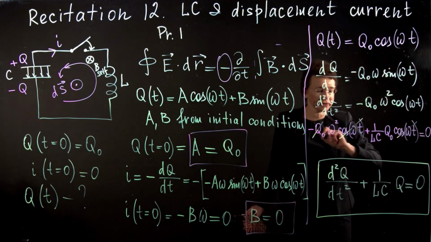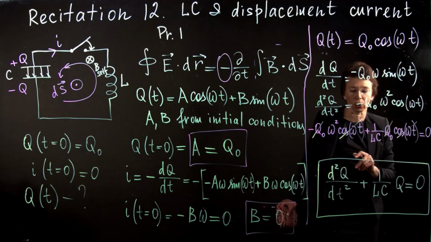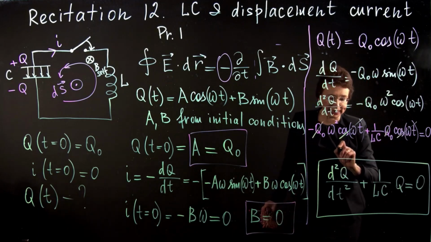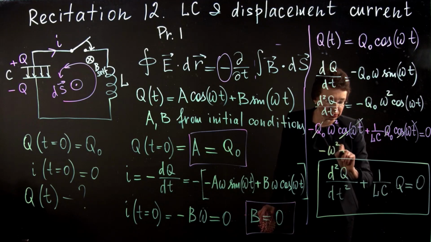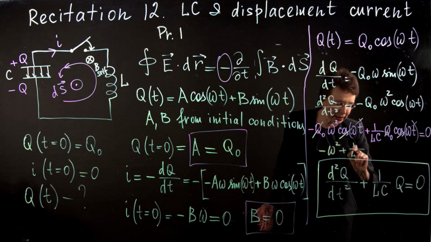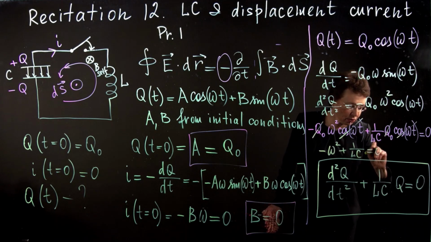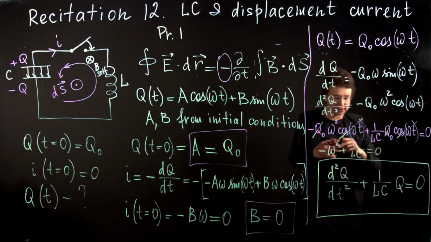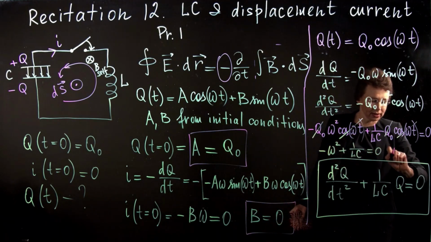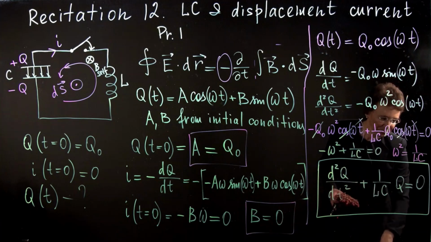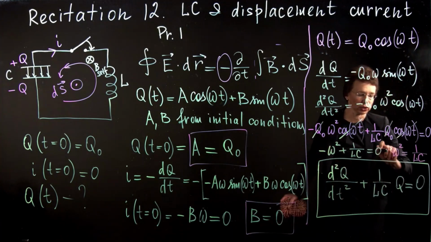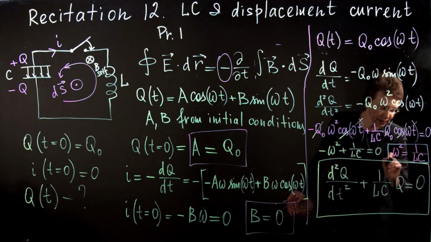I divide both sides of this equation by Q naught, and what we get is minus omega squared plus 1/(LC) is 0. Which means that omega squared is 1/(LC). Omega squared is 1/(LC).